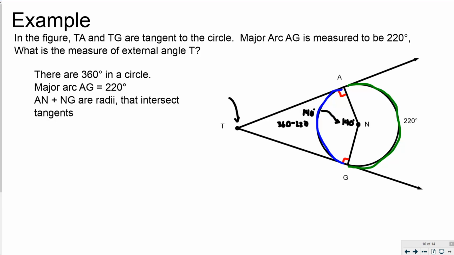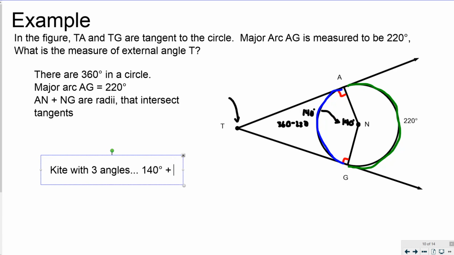And then that would transfer directly to the central angle in here, because arcs and central angles are congruent, recall from section 8.2. So now I have a kite with three angles: 140 plus 90 degrees plus 90 degrees again. Then we have an unknown measure, and because it's a kite, all four angles add up to 360 degrees.